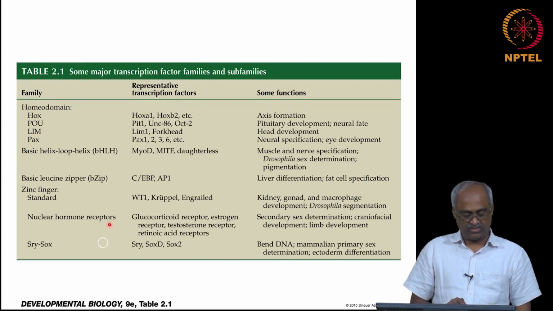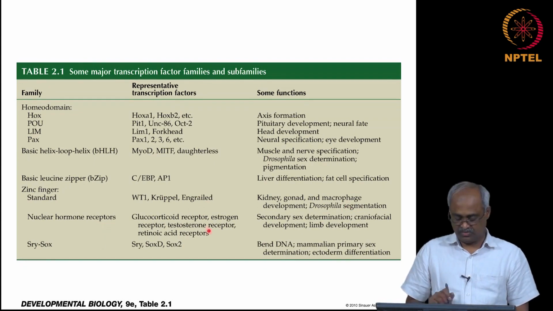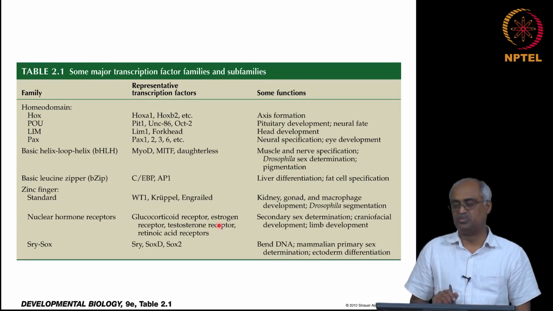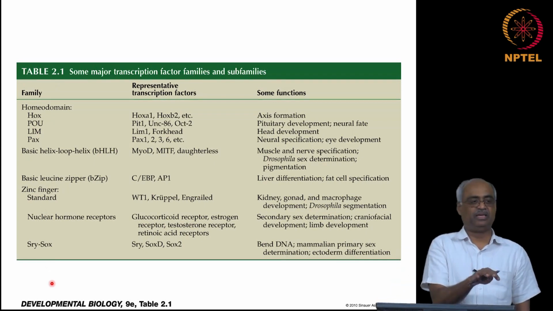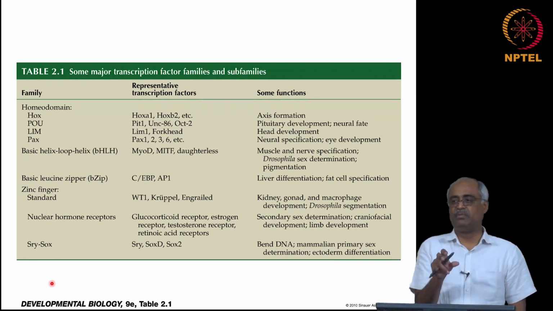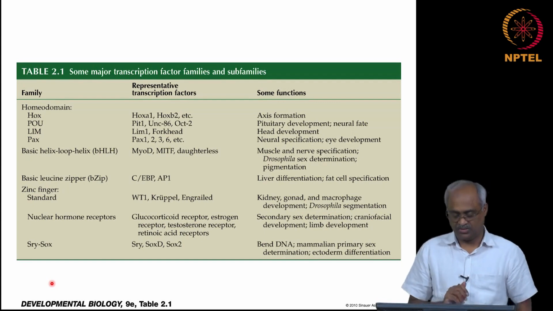And nuclear hormone receptors have zinc fingers and are present in the steroid hormone receptors. And then SRY SOX, that is another domain. So these are the classes based on variations in the DNA binding domain structure. Okay.